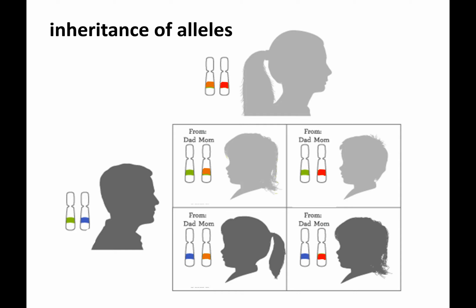So what we're going to talk about is using this little square thing called a Punnett Square. Has to be capitalized because it's named after the scientist who figured it out. The Punnett Square is used to determine offspring possibilities.